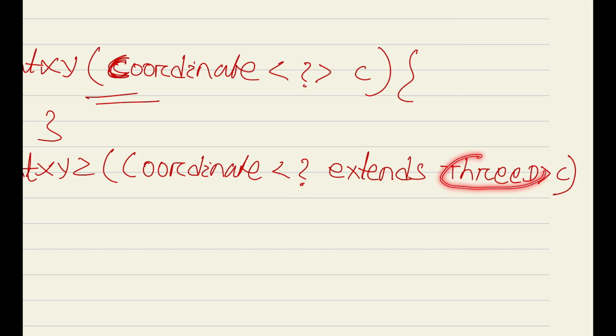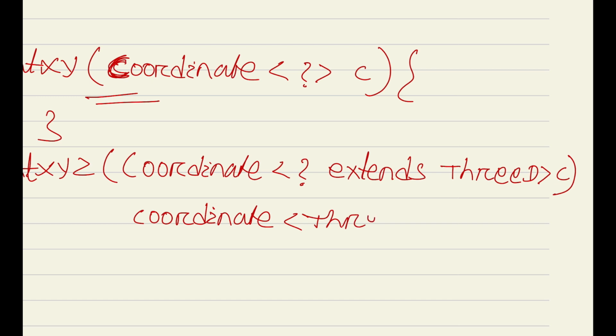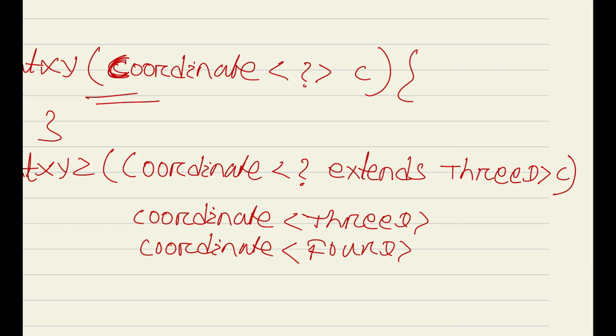It allows the objects of Coordinate 3D and Coordinate 4D only, and Coordinate 2D is not allowed. If you invoke this method printXYZ on objects of type Coordinate 2D, it is going to throw a compilation error.